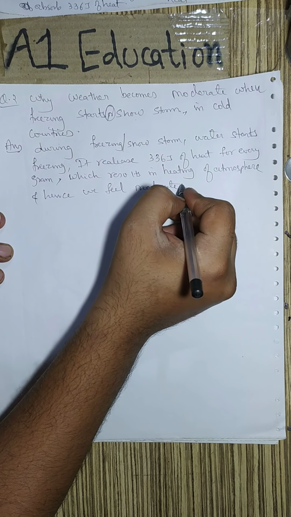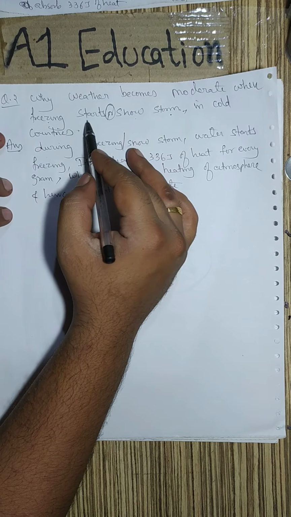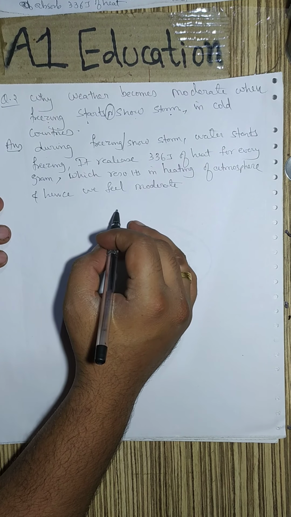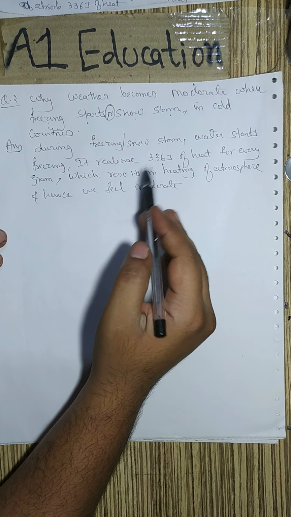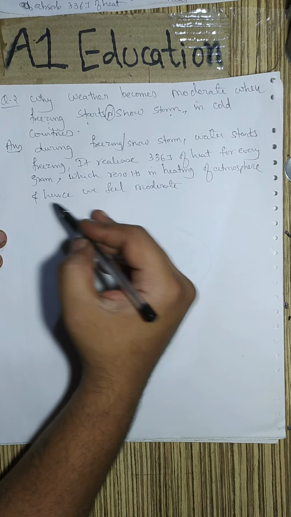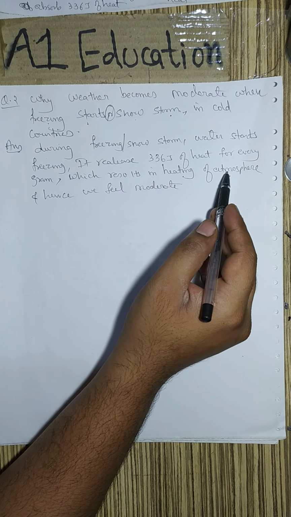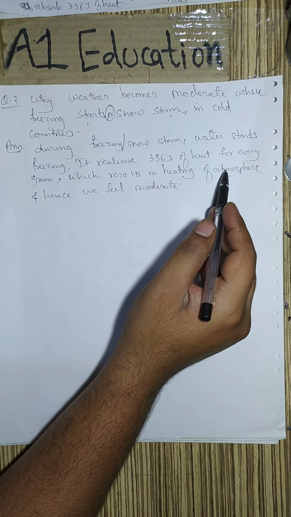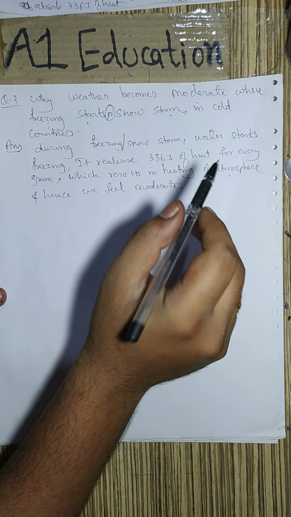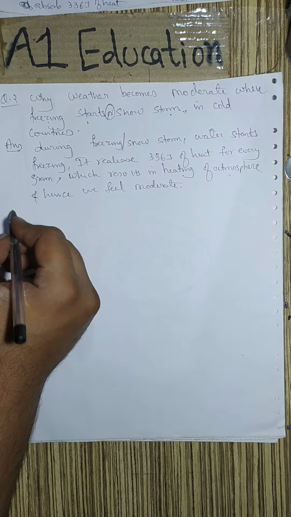It's very simple that during the snowstorm or freezing, when the water is freezing, it will release heat. This released heat makes atmosphere warm. It releases heat into the atmosphere. Hence atmosphere becomes warm, and ultimately we feel moderate, or temperatures are neither too high nor too low.